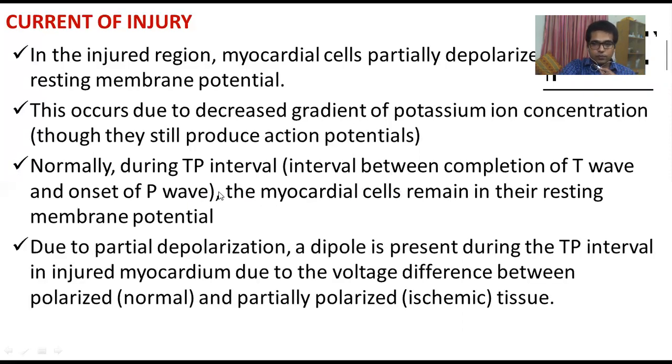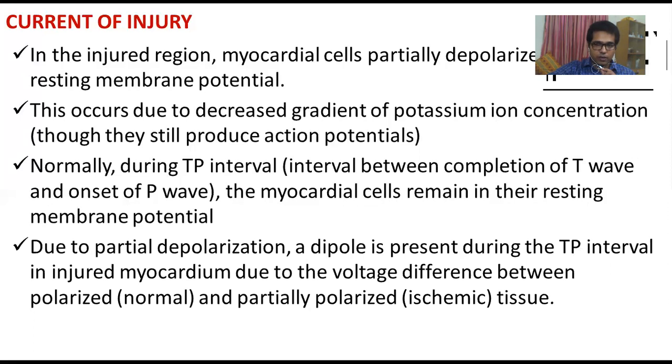But in infarcted tissue, I have already told you, the tissue is partially depolarized. So even when the heart is in diastole, or in the resting condition, a dipole is present during the TP interval, because the infarcted tissue is partially depolarized in comparison to surrounding tissue. Say in the surrounding healthy tissue the RMP is minus 90 millivolt, but the infarcted tissue, being partially depolarized, is say minus 50 millivolt.